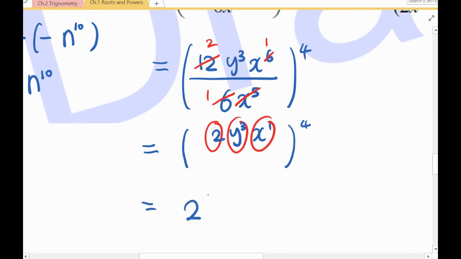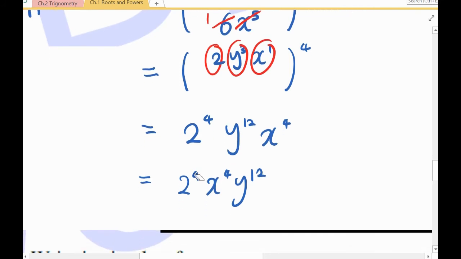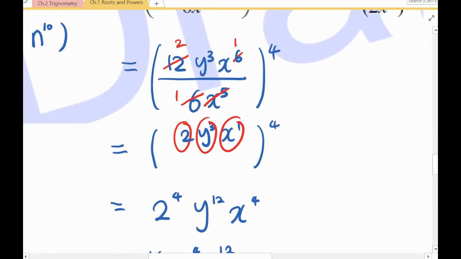Then 2 to the power of 4, y to the power of 3 times 4, 12, x to the power of 4. So we like to put it in alphabetical order, so that is this. So 2 to the power of 4. What is 2 to the power of 4? 16. So the answer will be 16x to the power of 4, y to the power of 12.